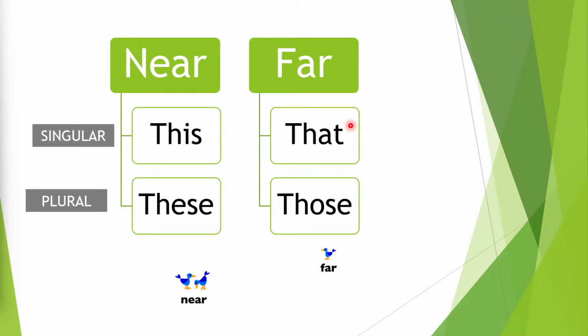A situation is a moment, a circumstance. Now I can say this situation because it's near me, I am living that situation. Or I can say that situation is wrong, I am not involved in the situation, but I can say it. So you can use it like that as well.